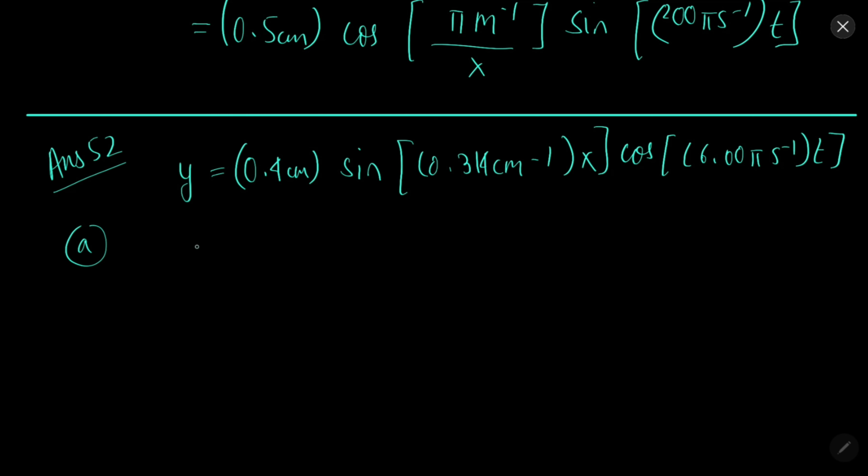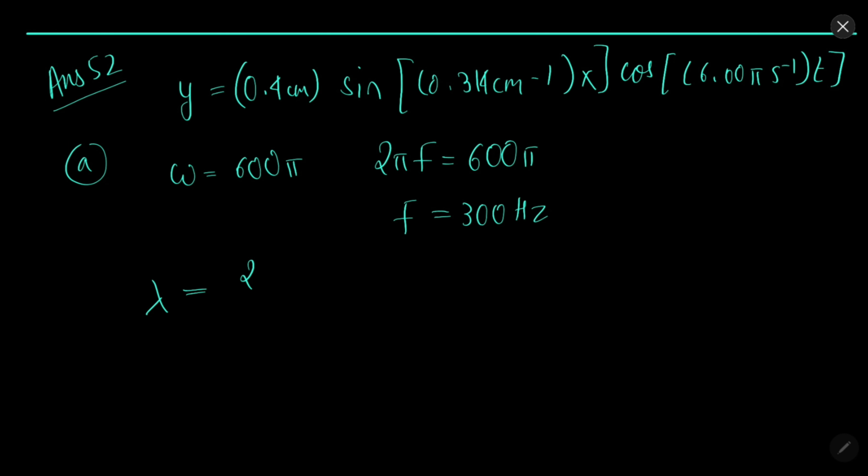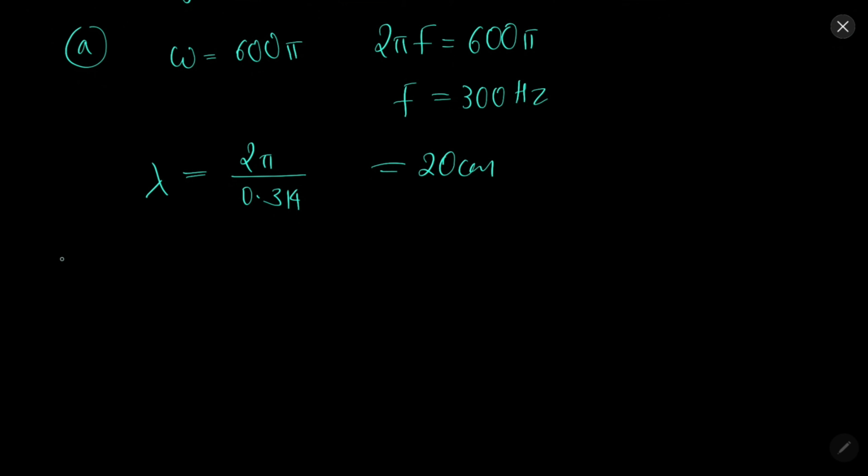So A part, omega is 600 pi, so 2 pi f equal to 600 pi, so frequency will come out to be 300 Hertz. Wavelength will be 2 pi over 0.314, so it will come out to be around 20 centimeters.